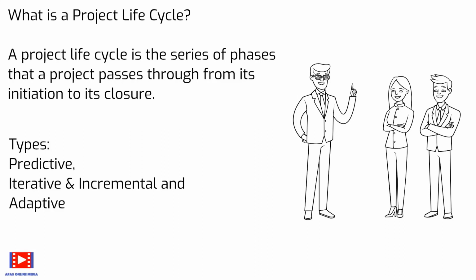Iterative and incremental life cycles are ones in which project phases, also called iterations, intentionally repeat one or more project activities as the project team's understanding of the product increases. And adaptive life cycles, also known as change-driven or agile methods, are intended to respond to high levels of change and ongoing stakeholder involvement.